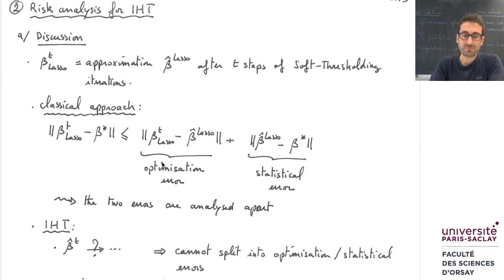Right, so this is the classical approach where we split into two pieces, the statistical error and the optimization error, and we've already looked at both errors independently, right? We analyze on one side the statistical error, and on the other side the optimization.